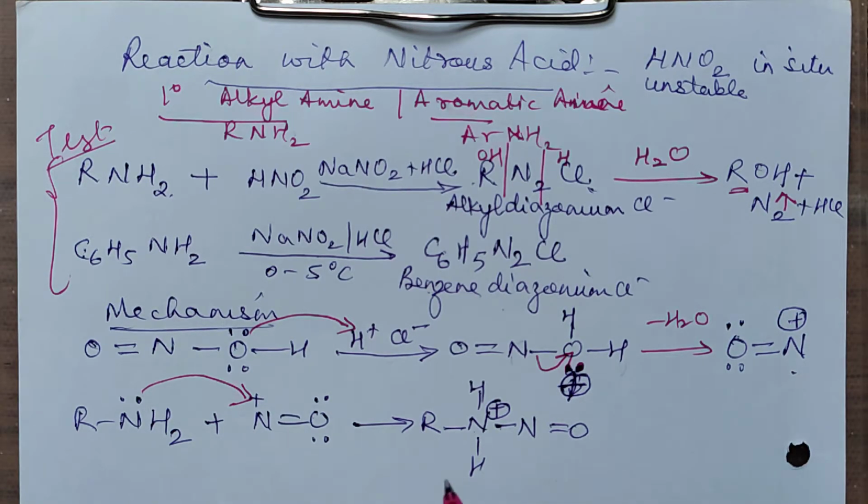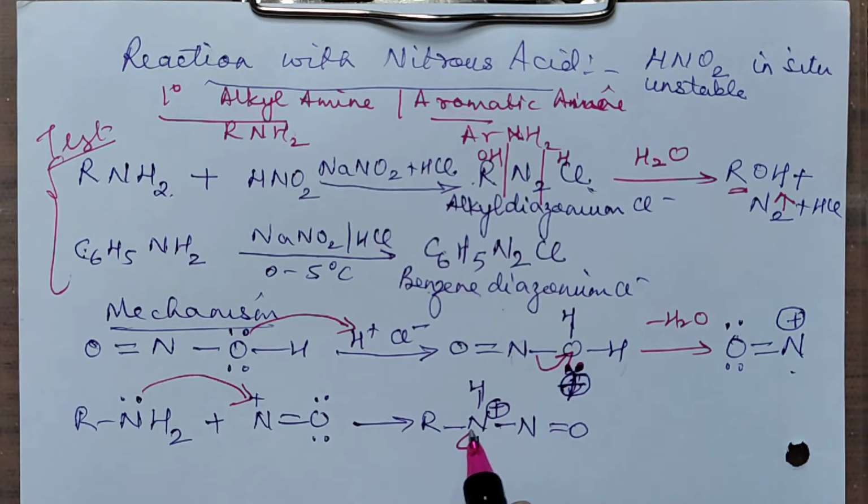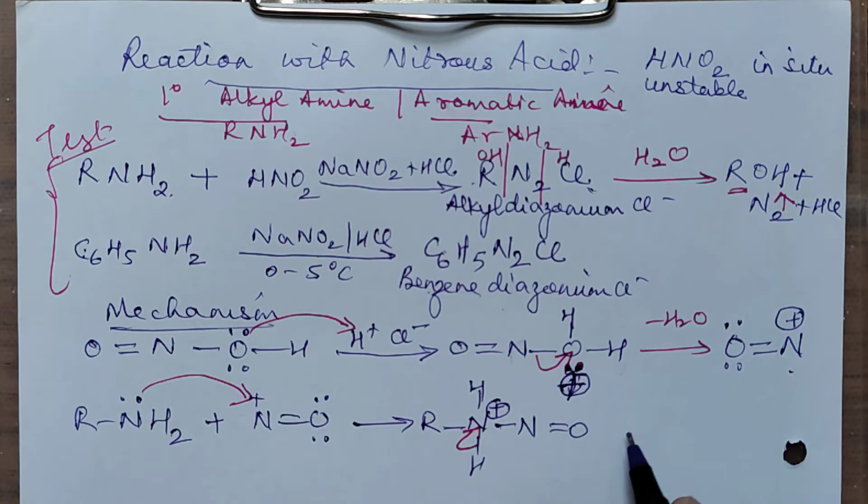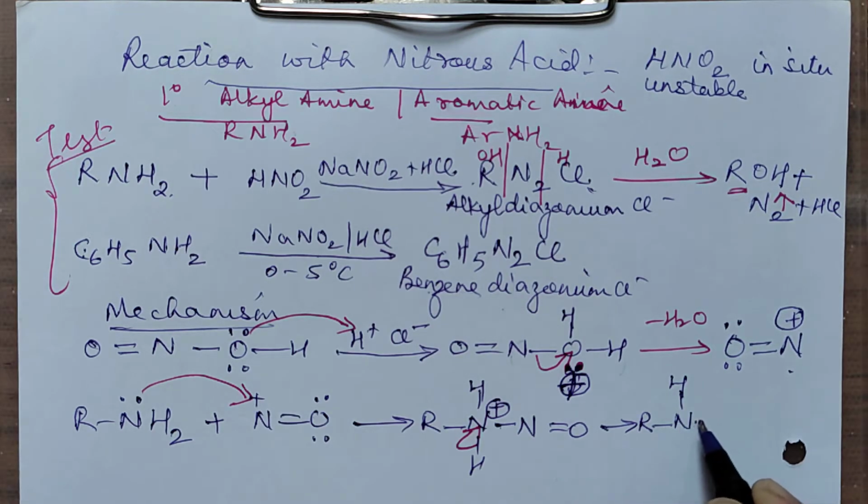Now again N getting a positive means it will take this electron back from here. When it takes it back, this H plus has to come out. So that H plus will come out, and what you're left with is R, N, one H, one single bond N, double bond O.